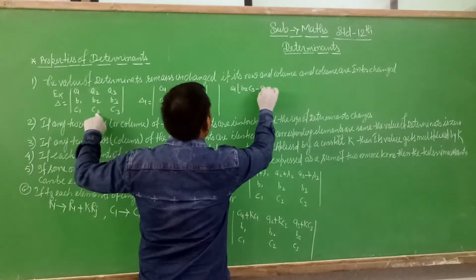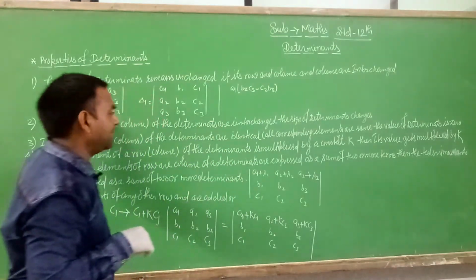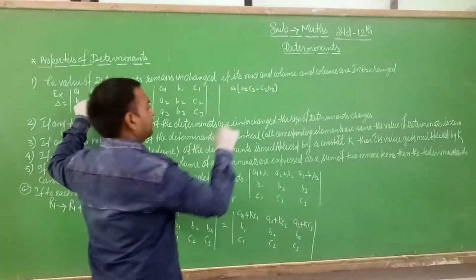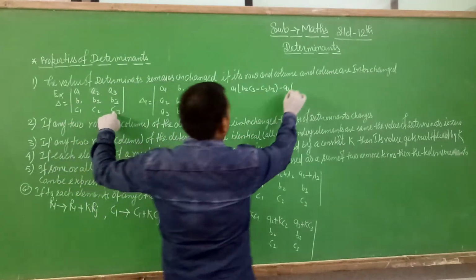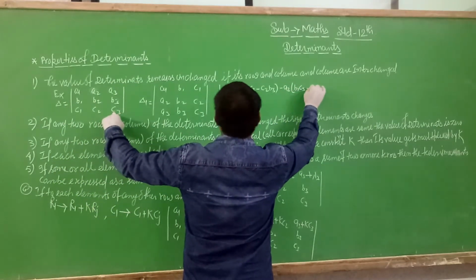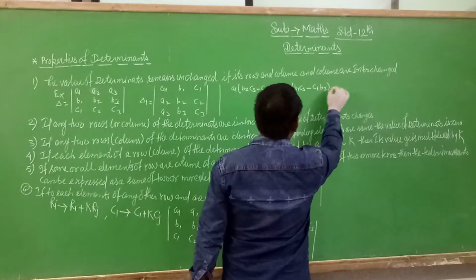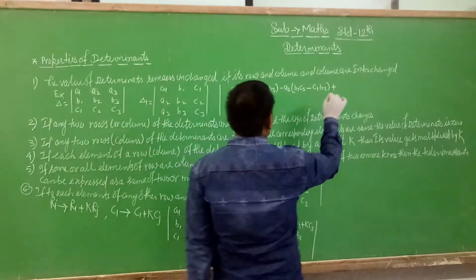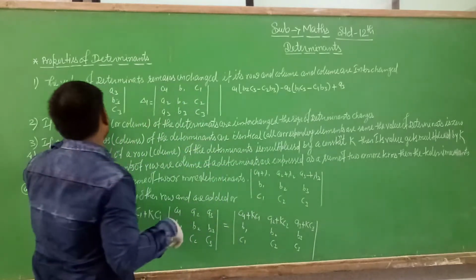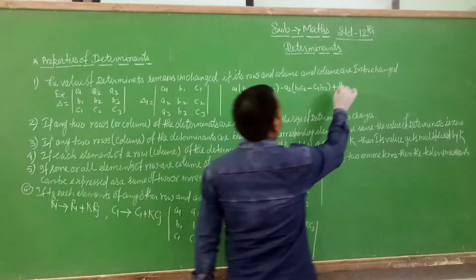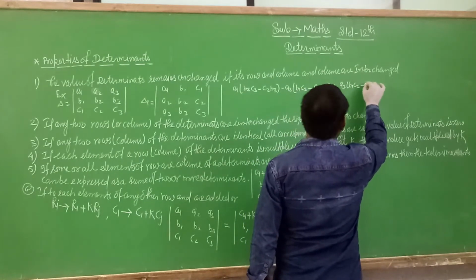Next, you also studied the expansion, the second element is A2, so minus A2 times B1 C3 minus C1 B3. Next, plus the third element A3 times B1 C2 minus C1 B2.